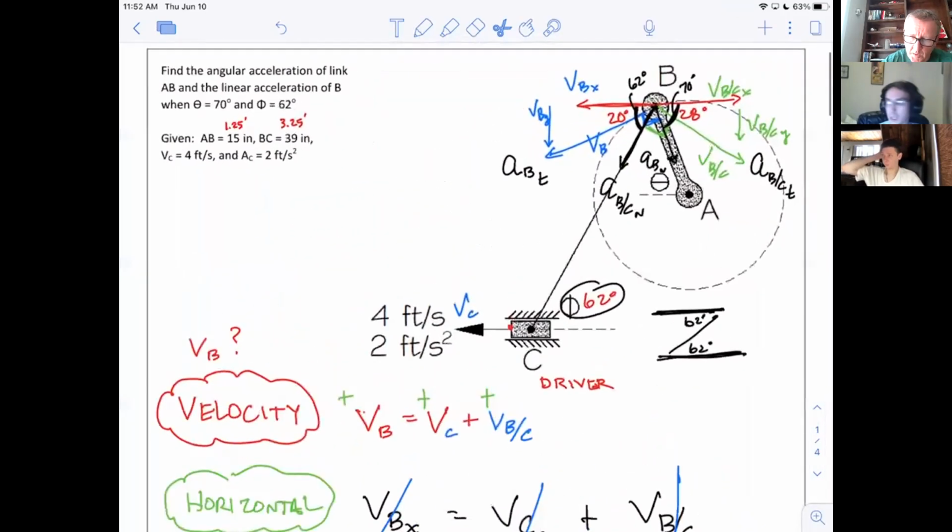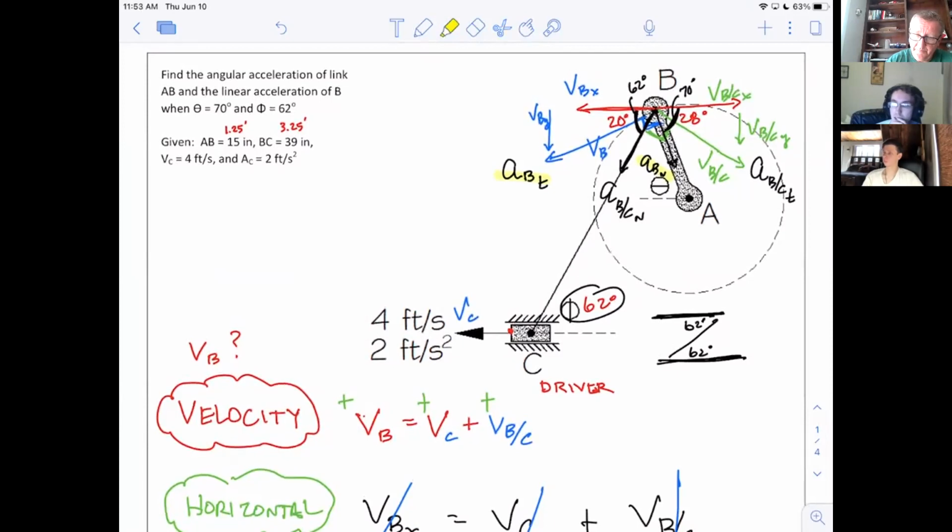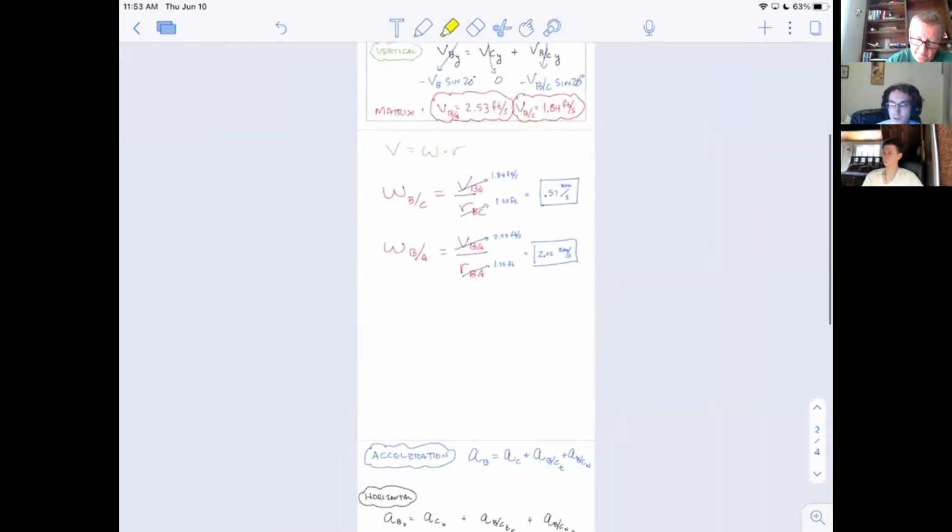Well, notice I have two: this and this. Don't those both make an X contribution? This problem is harder than yesterday. Those both make an X contribution. So I could say acceleration of BT multiplied by the cosine of 20. That would be an X component.